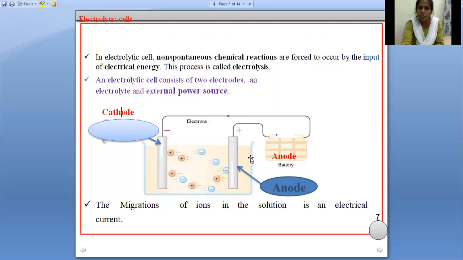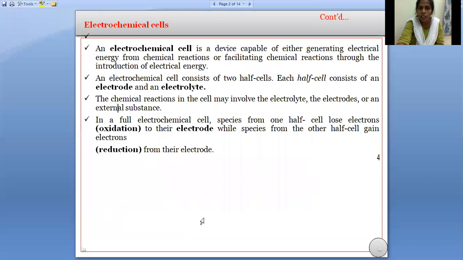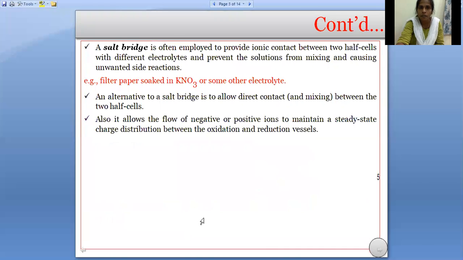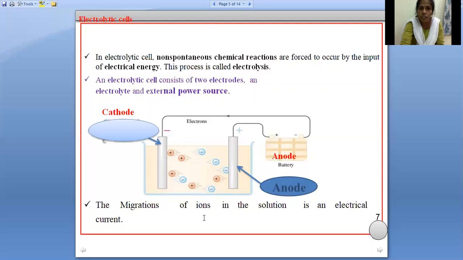The migration of ions in the solution is the electrical current here. When the two electrodes are connected with the help of the battery, electricity starts passing.